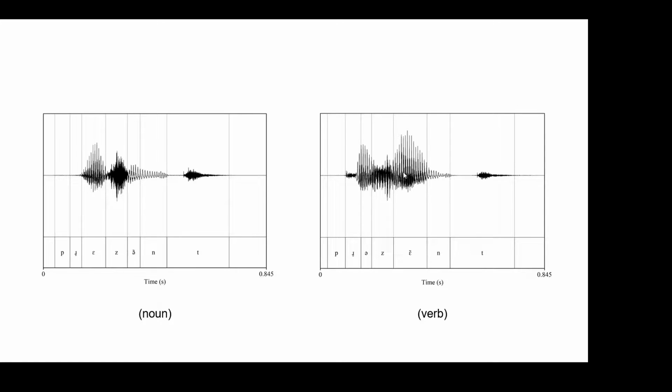So that's duration. You also notice higher amplitude for the stressed than the unstressed in both cases, right? First one stressed, that's higher. Second one stressed, that's higher. All right, and you see the durations marked out there as well.